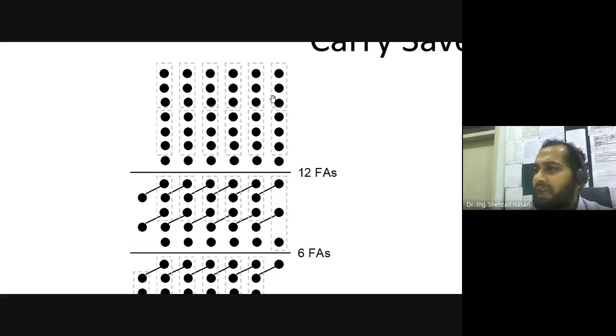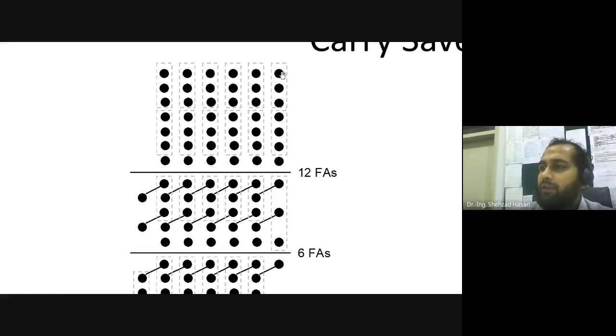Now what's happening here is these are the seven numbers. So what we are going to do is we are going to take three bits from any level, and these three bits are going to go to a full adder. So all these dotted rectangles that you are seeing are actually full adders, right? So there are 12 full adders that we have used, and each full adder is then going to give you one result that is going to go to that level, and another result that is going to go to the next level.